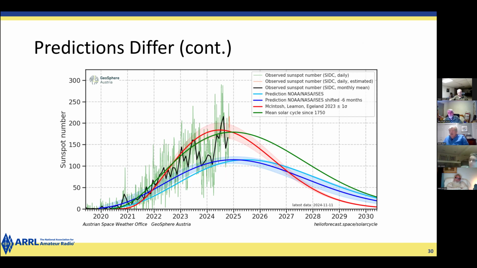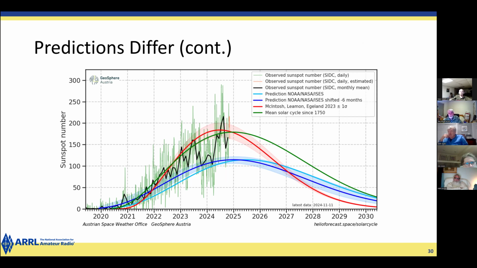The purple line that's a little bit to the left of it is the revised prediction that shifts the original one sooner by 6 months. And the green line is what typical solar cycles have done, what the average solar cycle has done since we started observing them in 1750.